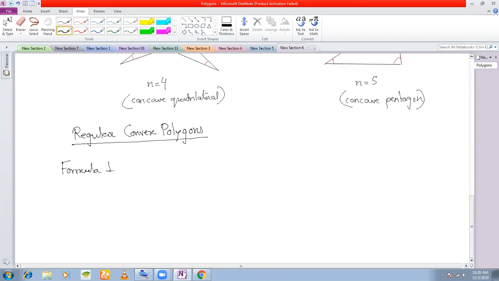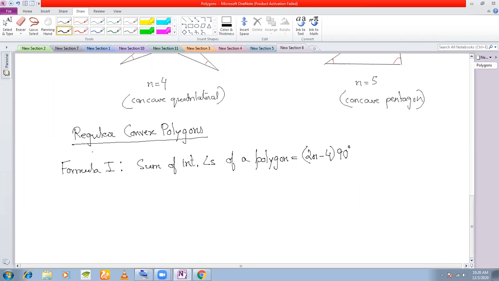The first formula for your regular convex polygon is the sum of interior angles of a polygon. Very important formula. The sum of interior angles of a polygon is equal to, the formula is (2n minus 4) into 90 degrees, where n is the number of sides.